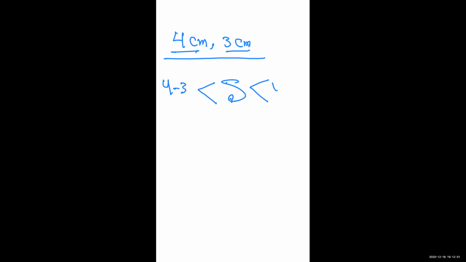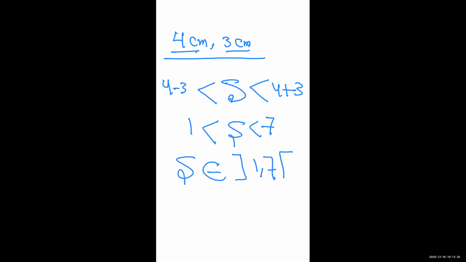So less than 4 plus 3. So the side is greater than 1 and less than 7, right? So now S belongs to this interval 1 and 7. It's greater than 1 and less than 7. No equality sign here. So the interval will be like this, open from the two sides, and then 1 and 7.